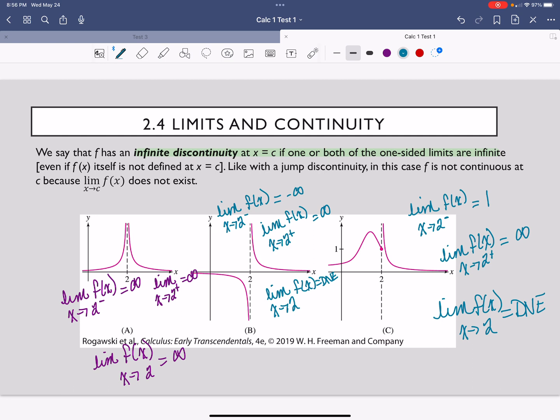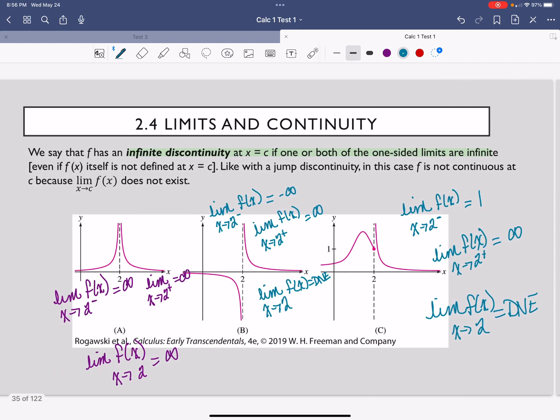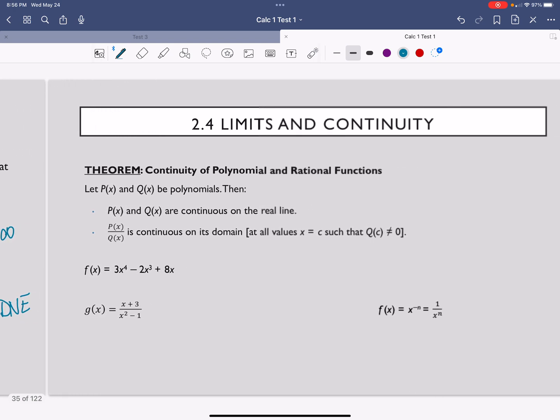Jump discontinuity is when we've got a jump in the graph, as in piecewise functions. And infinite discontinuity is when one or both of the limits approach infinity.